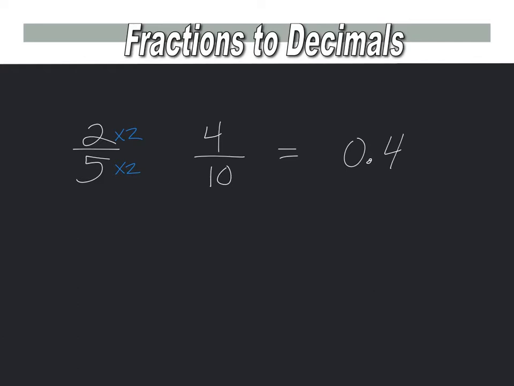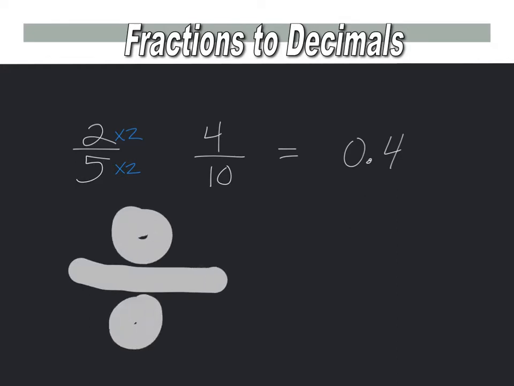However, sometimes your denominator will not be able to be changed into 10 or 100 or 1,000 because you can't multiply anything by it. And so that goes back into reminding you that a fraction is really numerator over denominator. What symbol is that? Division. A fraction is a division problem.